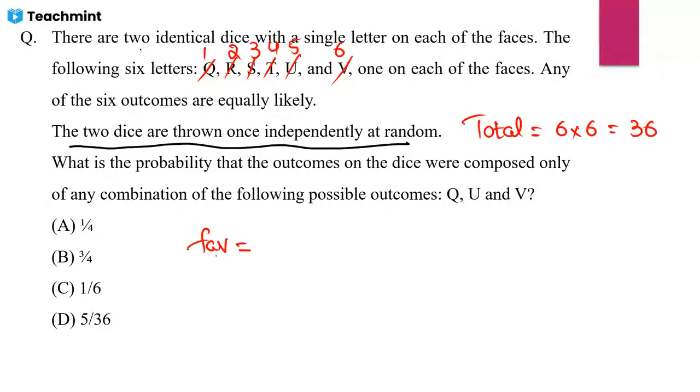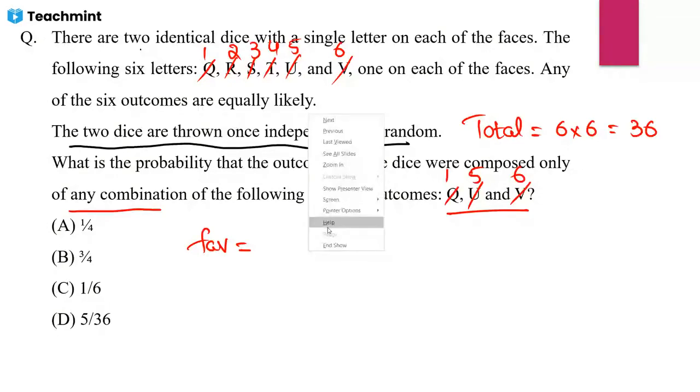They're asking the outcome should be composed only of any combination of Q means 1, U means 5, V means 6. I want only combinations of 1, 5, 6 only. They want only this combination.